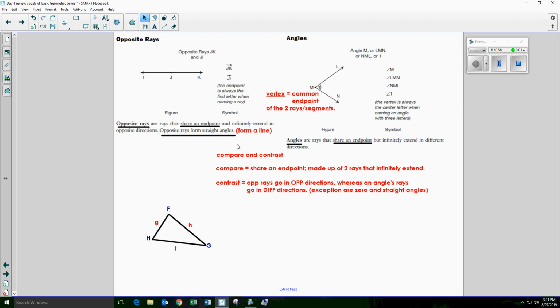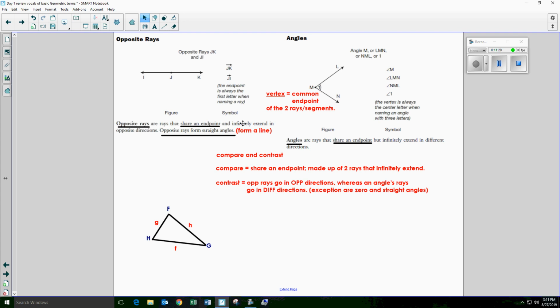So compare and contrast, two English words you should be familiar with. First off, they share an endpoint and then go in different directions. By this definition, they would not include straight angles, but that is an angle. So that's why I said it falls underneath here technically. So compare and contrast. What's the same? What's different? Same: they share an endpoint.